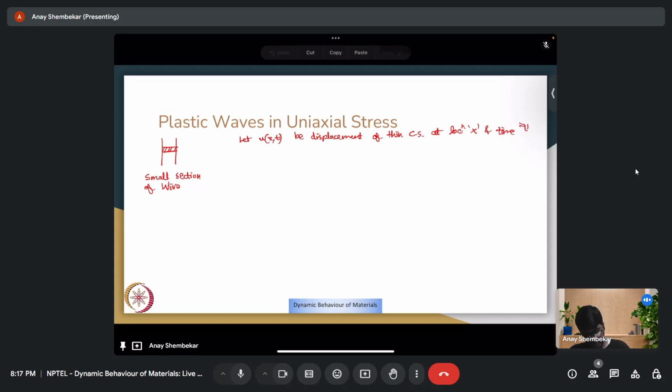Then for this thin cross section we can write acceleration as dou square u by dou t square, into the mass, which is rho naught dV, which is nothing but rho naught a naught dx, dou square u by dou t square. This is the change in momentum.